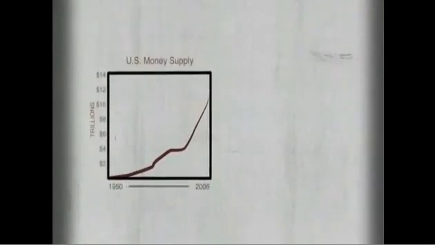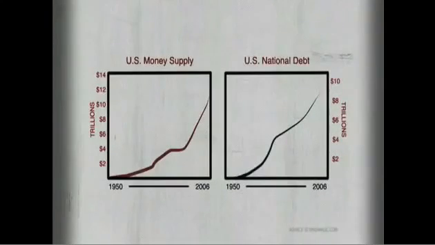For in our financial system, money is debt, and debt is money. Here is a chart of the U.S. money supply from 1950 to 2006. Here is a chart of the U.S. national debt for the same period. How interesting it is that the trends are virtually the same. For the more money there is, the more debt there is.